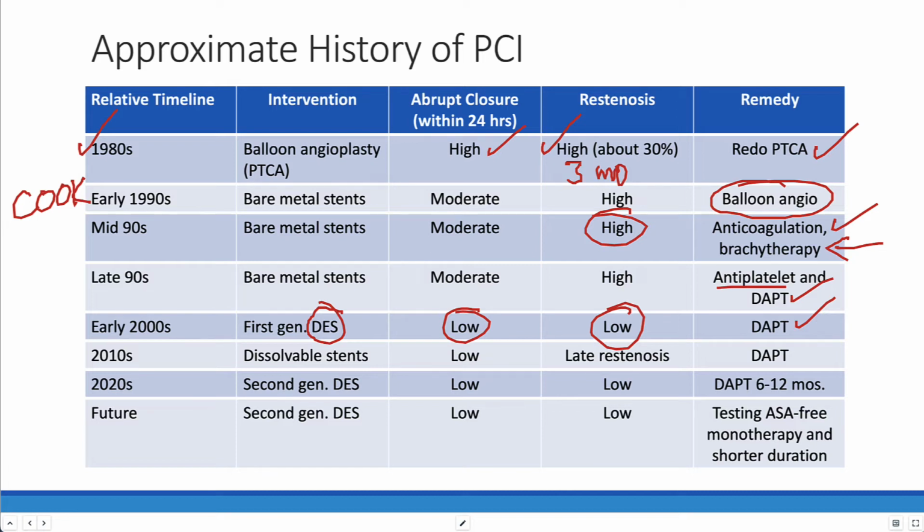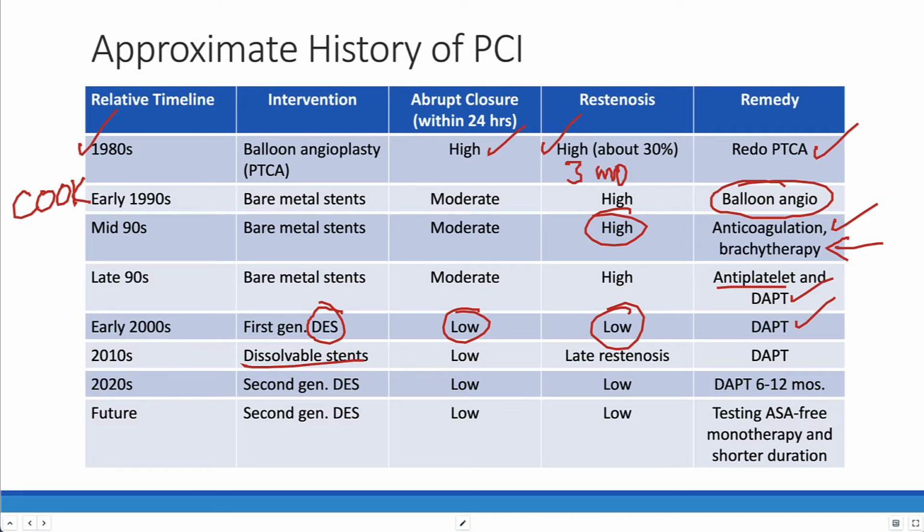Everybody thought that by the time the 2010s came around, we would be using these dissolvable stents. Well, it turns out in 2017, studies came out showing that they were not a good idea, that people ended up needing re-intervention if they got dissolvable stents, and so that was a problem.